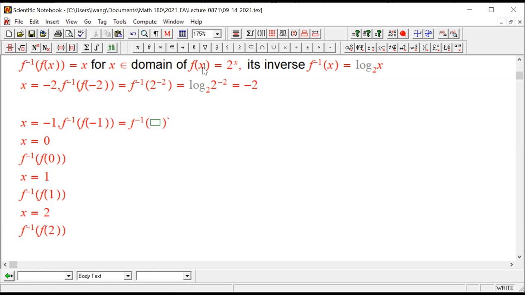You put a -1 in this place because that's the f rule. So this is going to be 2 to the power -1. Then 2 to the power -1 is the input for f inverse. So you end up with log base 2 of 2 to the power -1, and that answer is -1.